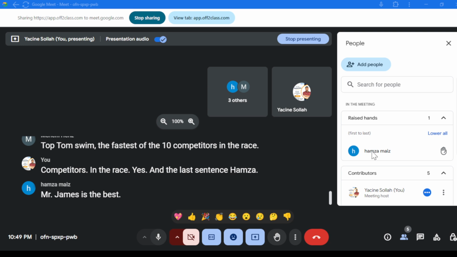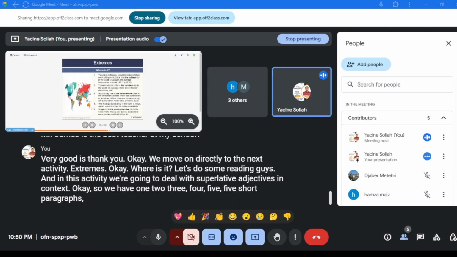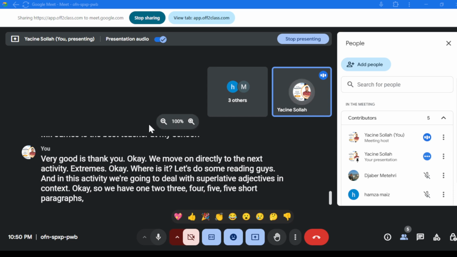Okay, where is it? Let's do some reading, guys. In this activity, we're going to deal with superlative adjectives in context. So we have 5 short paragraphs, and in each paragraph we talk about a country or a place in this world.